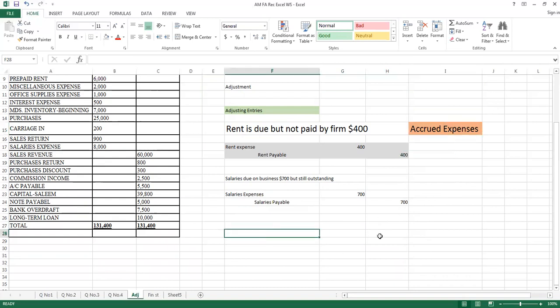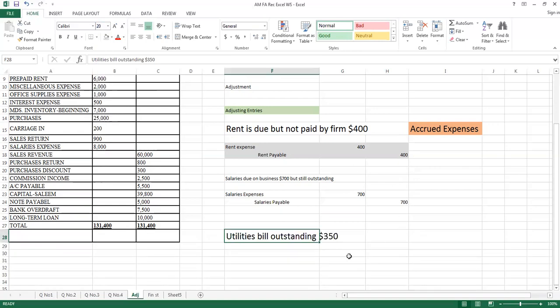Giving you another example. Suppose I say that utility bill outstanding, dollar 350. So what does it mean? Should I say that I don't need to record it?